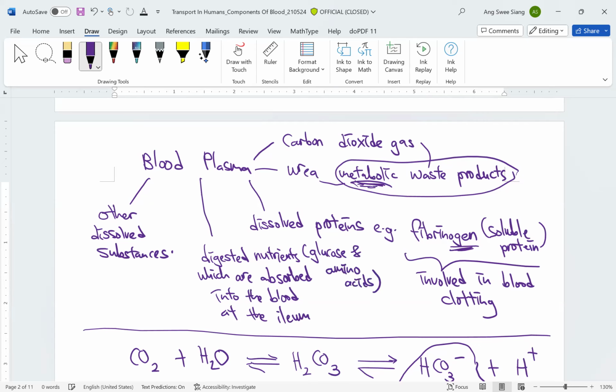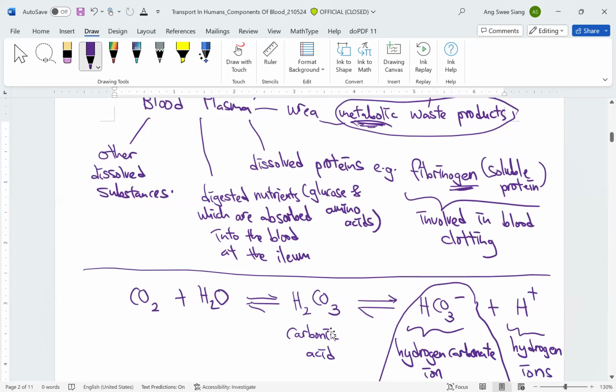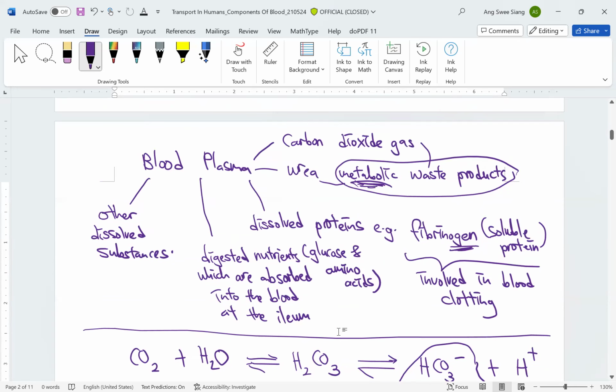Can I? So just now I forgot to talk about this. So besides carbon dioxide, urea, fibrinogen, these digested nutrients are also very important. Okay, they are very important in your syllabus. So we are done with carbon dioxide already. Carbon dioxide, I touched on a bit of detail already. Urea, nothing to talk about. Urea basically just dissolved in the blood plasma.